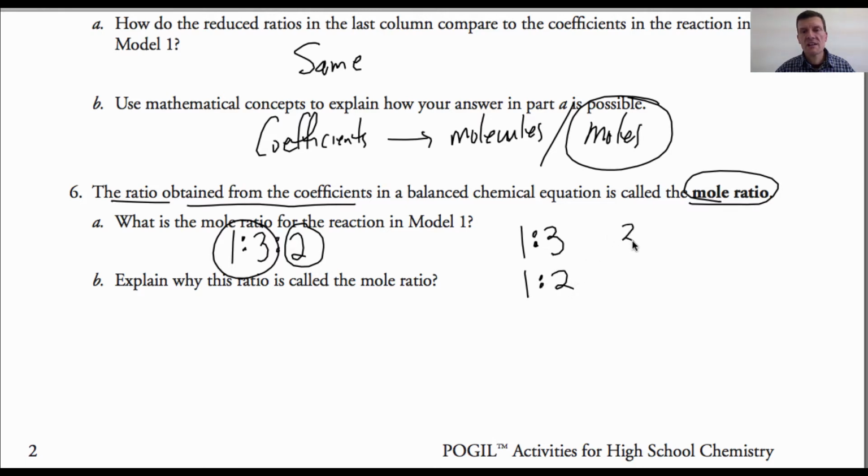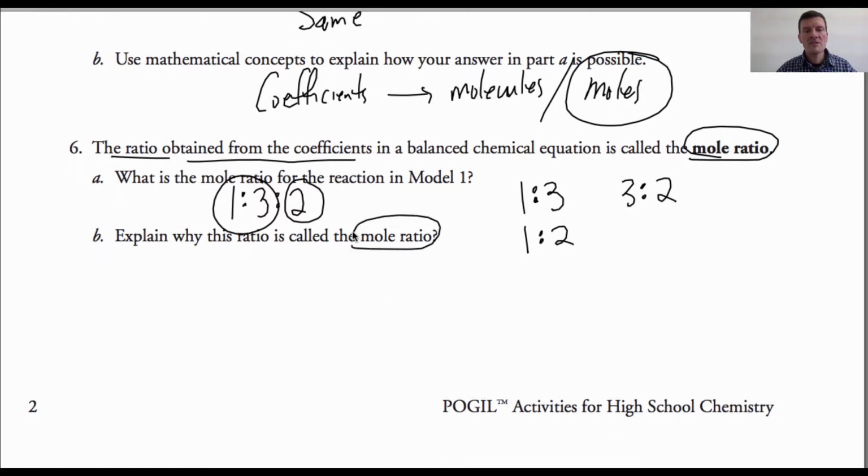The second reactant and the product is in a 3 to 2 ratio. Okay, so you can compare anything you want to, or you can say all three. This is a mole ratio because you're comparing how many moles react and are produced.